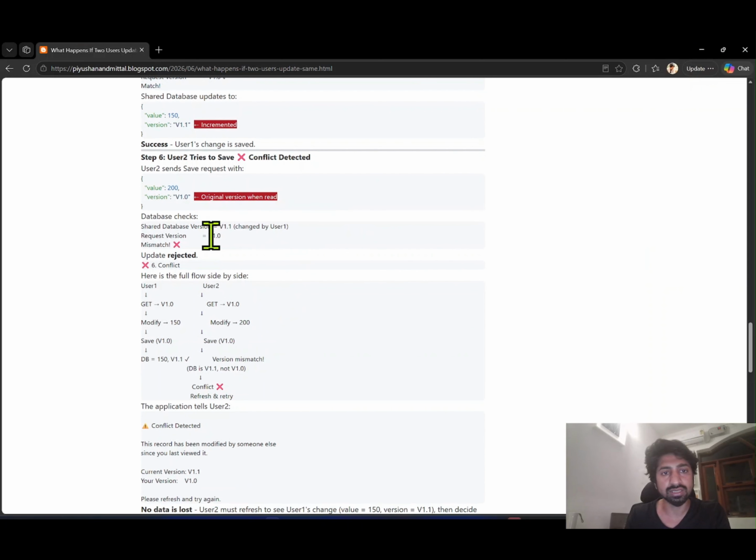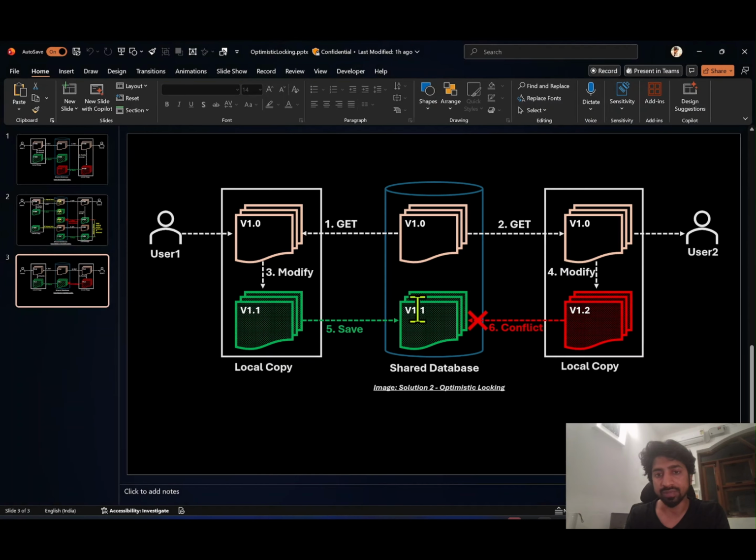And what happens here is it matches that 1.0 with the current version of the record, which is 1.1. So 1.0 is not matching 1.1 because there is an update on that particular record. So what happens next is user 2 would read the latest value of that record, get the latest version as 1.1, update the record, and save it back to the database with the incrementation of that versioning.